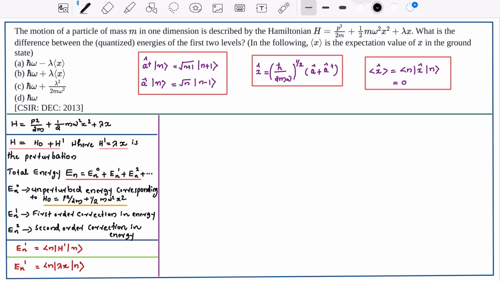Now you can take lambda outside because lambda is a constant, that is lambda into <n|x|n>, which is basically the expectation value of x. Now in the case of harmonic oscillator, the expectation value of x is 0. So the first order correction in energy is 0.